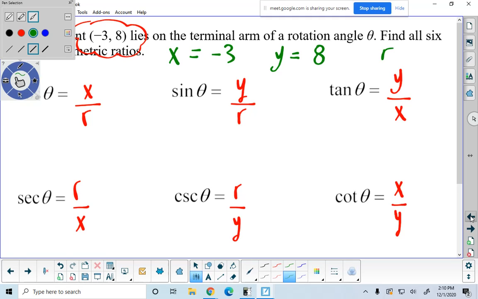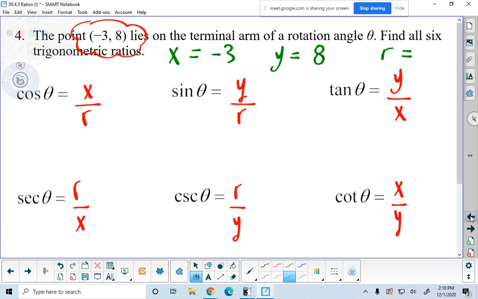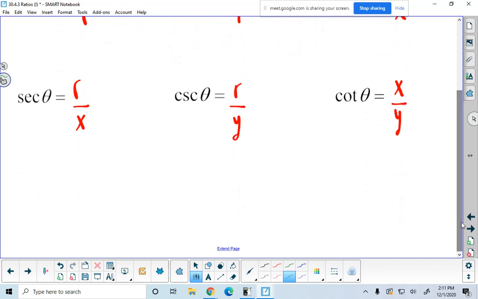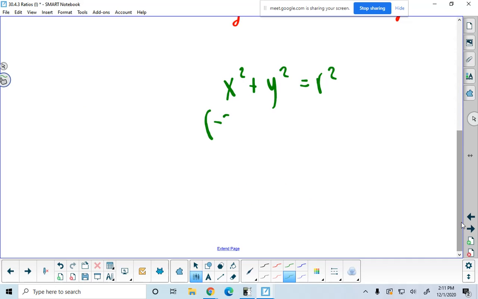We don't know r. So we're going to find r by going back to the first lesson today, which said the equation of a circle is x squared plus y squared equals r squared. We can use this relationship to find out what r is. X was -3, y was 8.